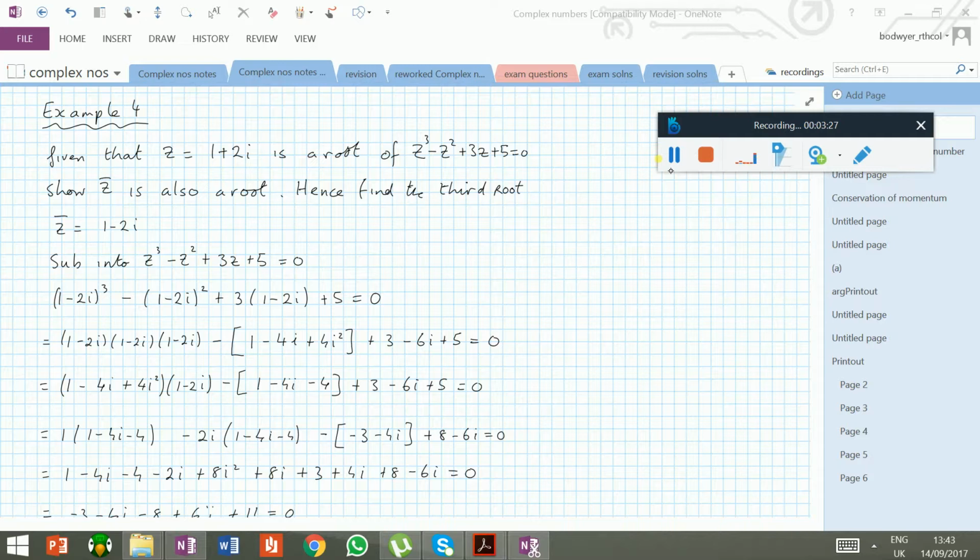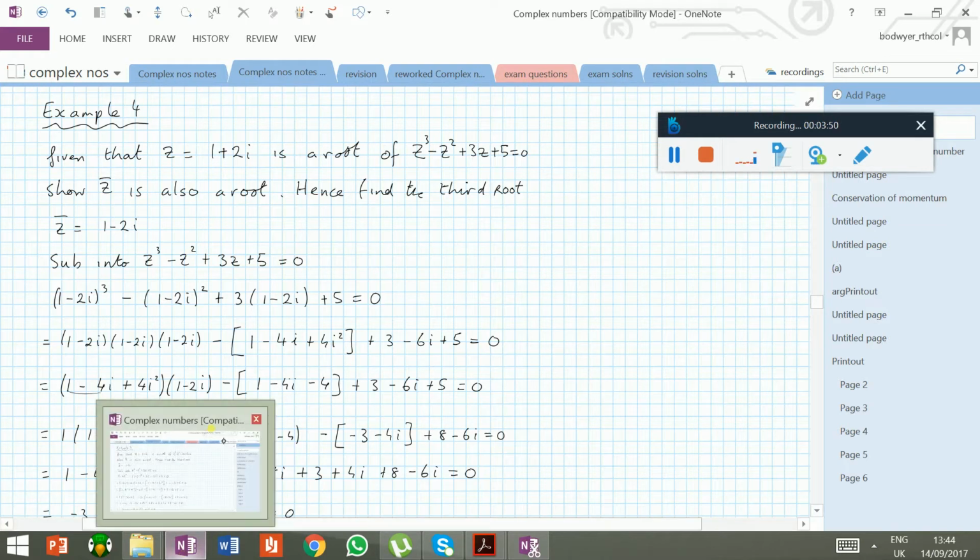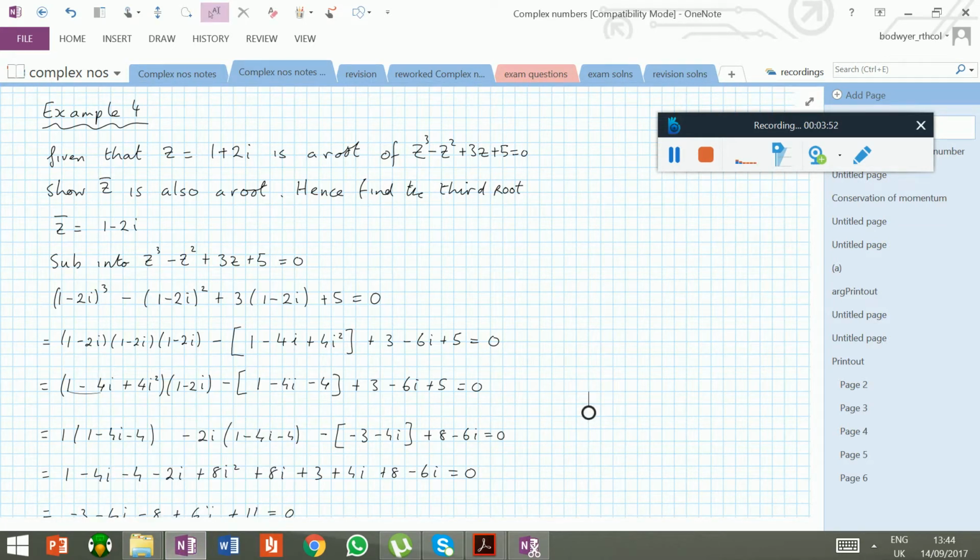Next, within here, you have minus, and i squared is a minus 1 times 4 is a minus 4, and again you have 1 minus 4i minus 4. Bring that down as before. On to the next. You have 1 times this expression here, minus 2i times this expression here, minus, and I've got a minus 3 if I go 1 minus 4, that's a minus 3, minus 4i, and then again 5 and 3 is 8 minus 6i.